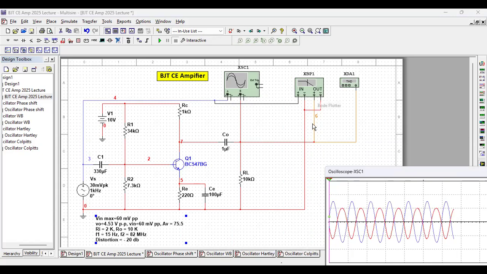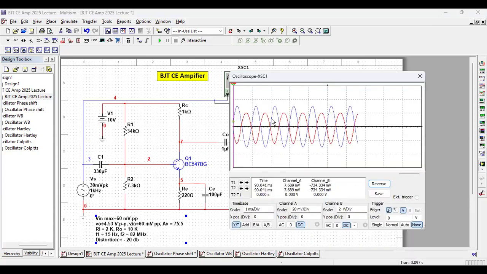And the red line is the output of the oscilloscope. So this blue curve is the input, and this red curve is the output. See, there is approximately 180-degree phase difference between input and output.